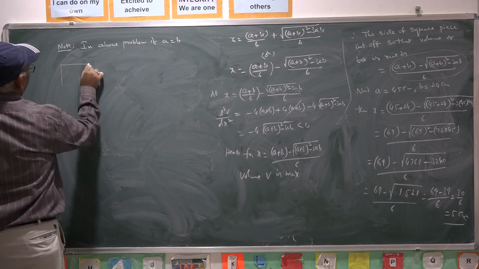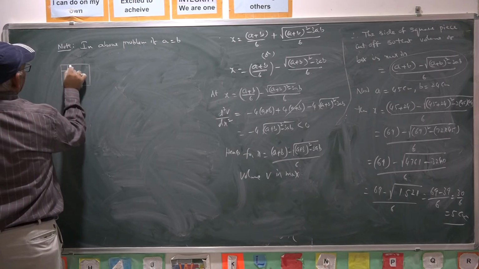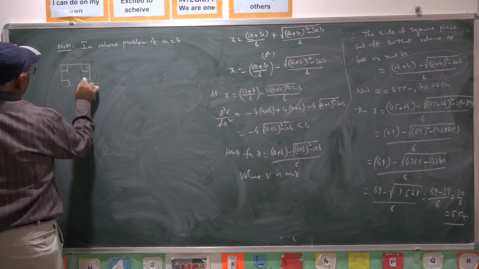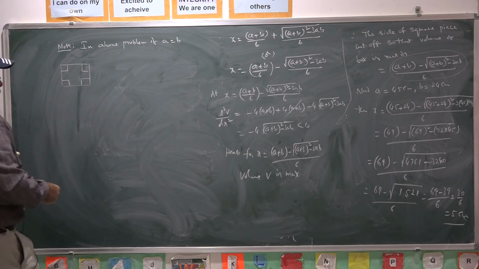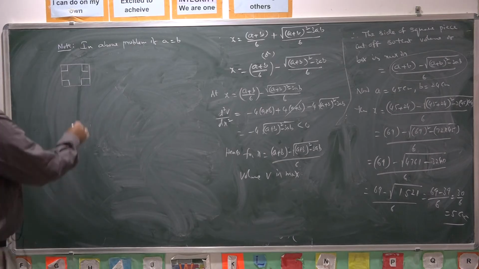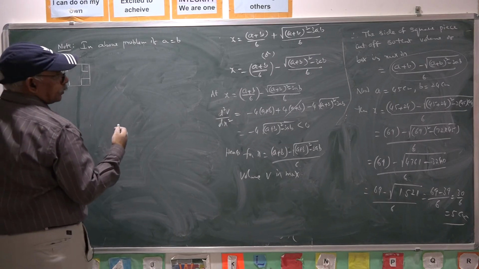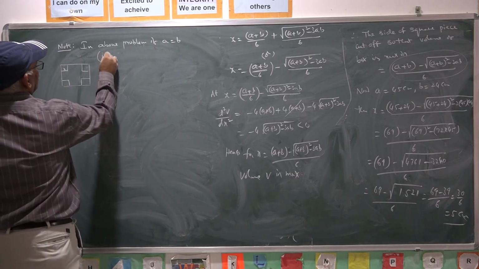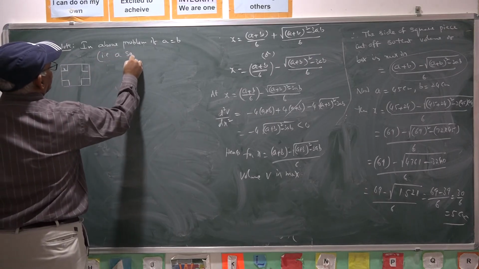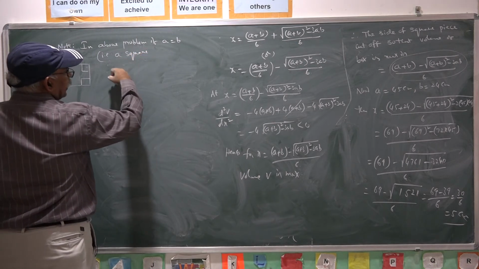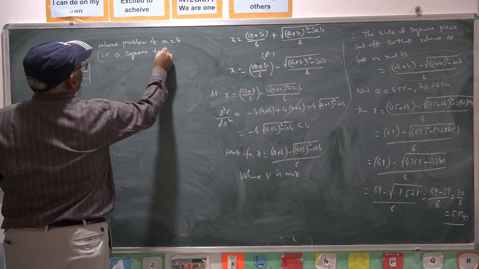The given tin is a square. From the square tin, small squares are removed from the corners. In such case, x value. In the above problem, if A equal to B, that is a square tin is given instead of a rectangle tin.